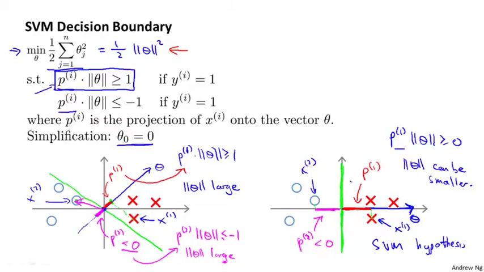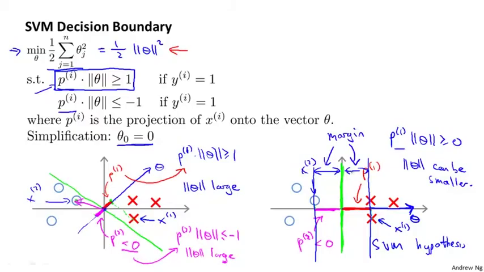Namely, if you look at this green hypothesis, we want the projections of my positive and negative examples onto theta to be large, and the only way for that to hold true is if, surrounding this green line, there's a large margin, a large gap that separates the positive and negative examples.